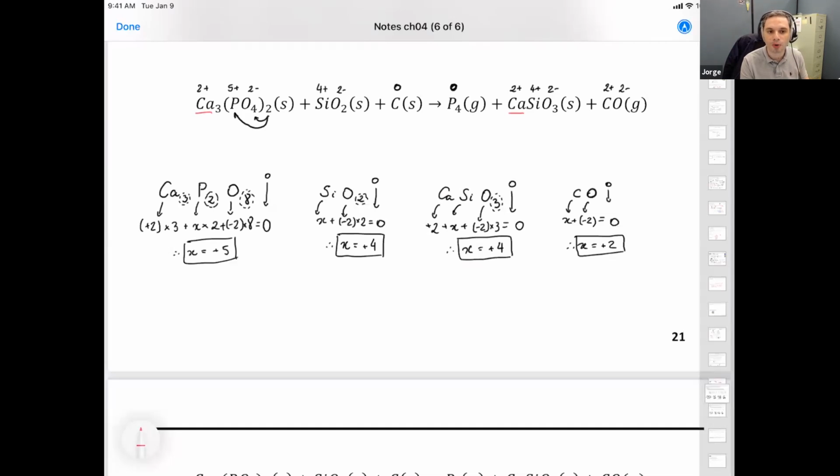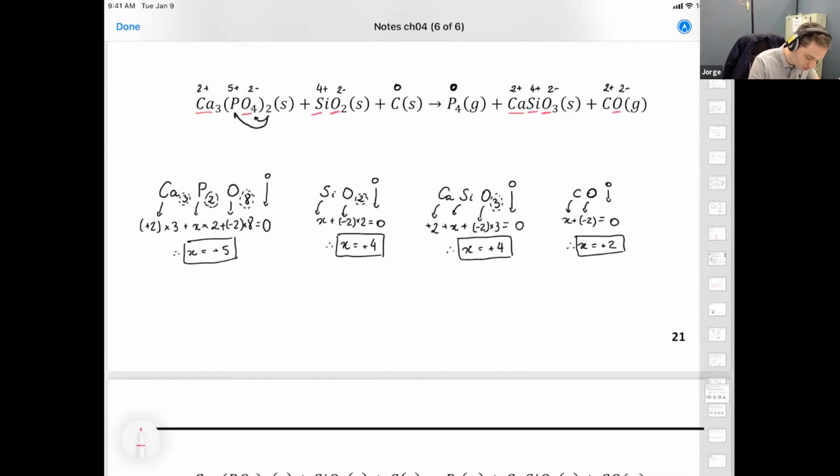So no change for calcium. Oxygen started with 2 minus and ended at 2 minus, independent of the compound that we are looking at. Silicon started at 4 plus and ended at 4 plus as well.